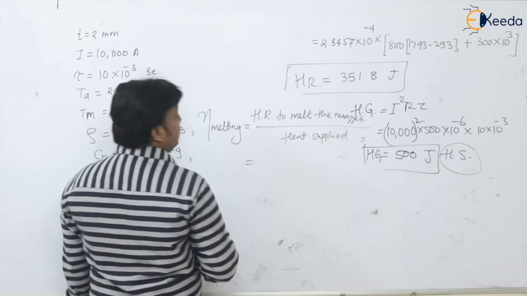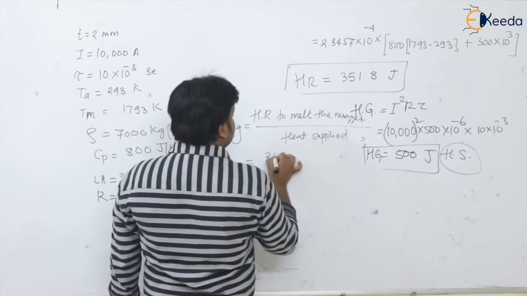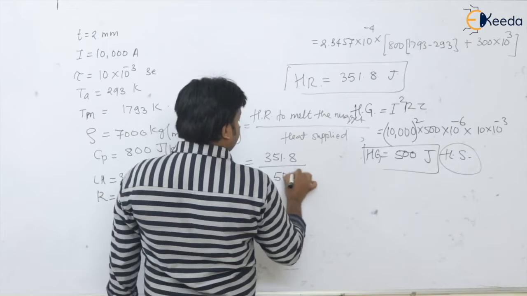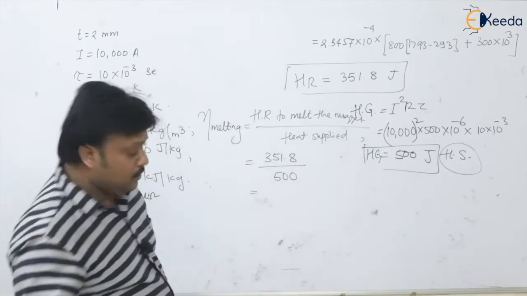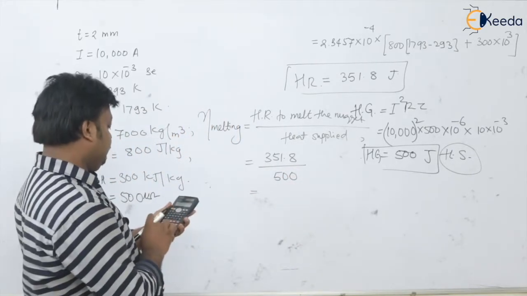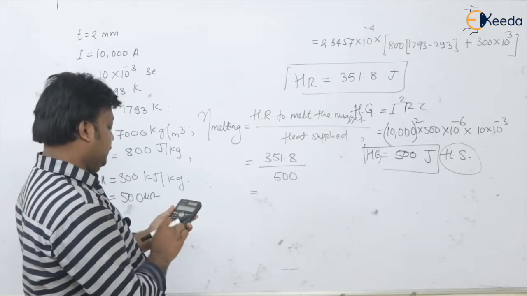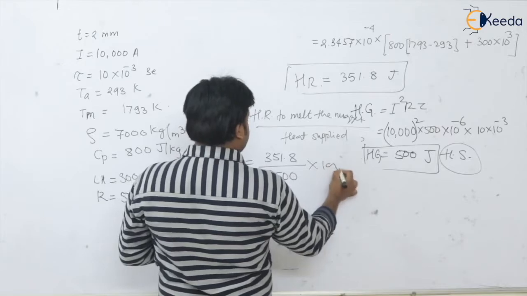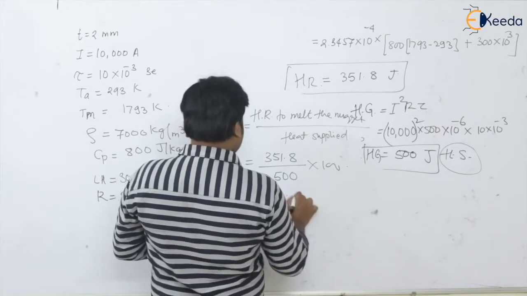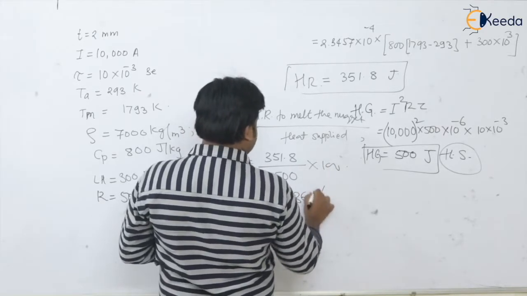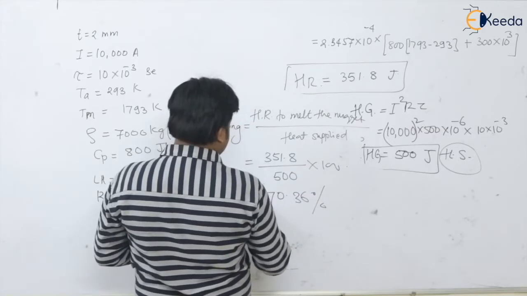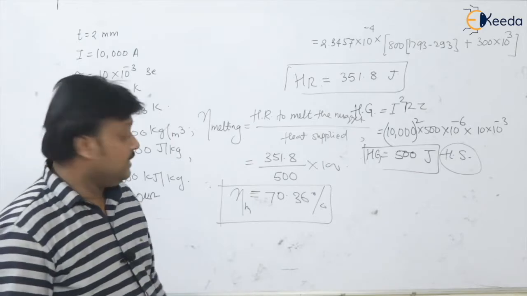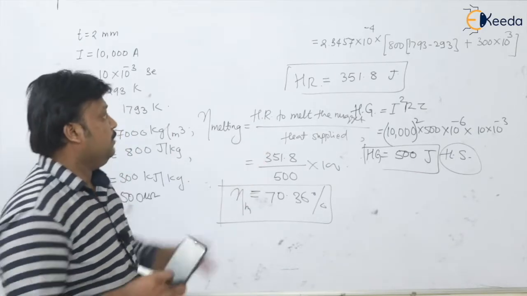So 351.8 divided by the heat supply 500 joules, into 100. That will be the efficiency, that is 70.36%. Check it, do the calculation part.